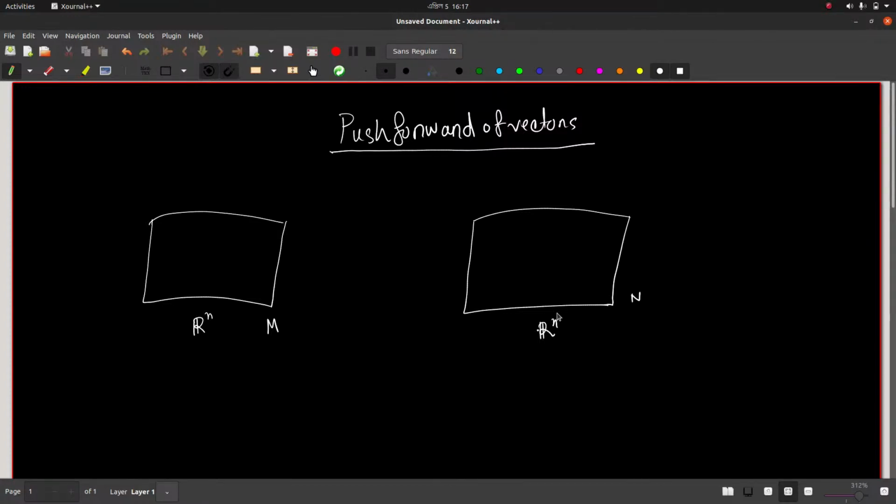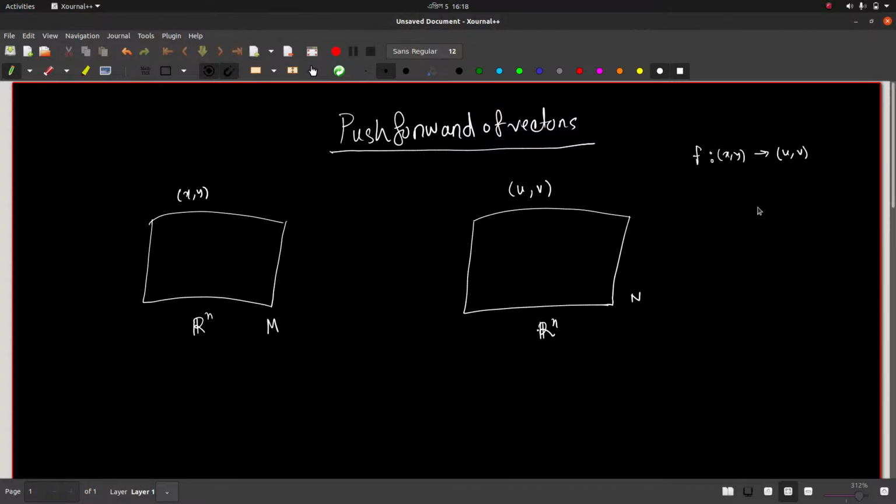Okay, so now what you can do is equip both of these manifolds with some coordinate system. So let's say we have the Cartesian coordinate system on the manifold M, and we have some other coordinate system denoted with u and v on manifold N, and there is some function that takes these x and y's to this u and v.